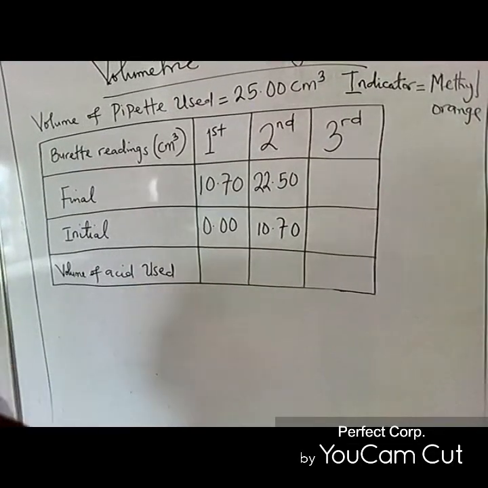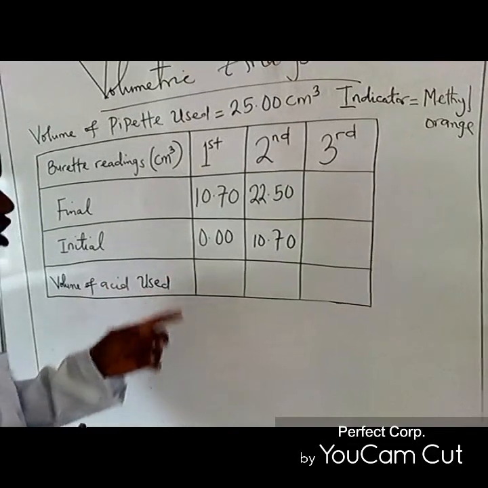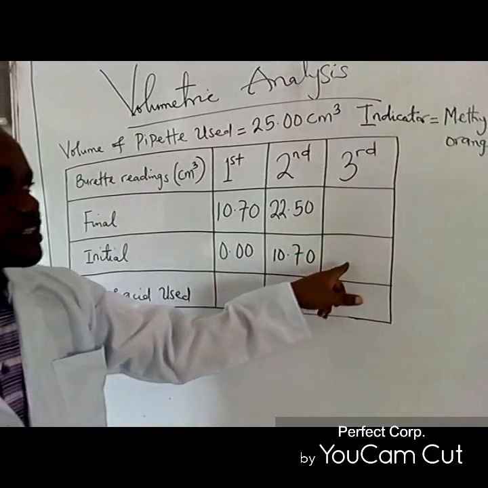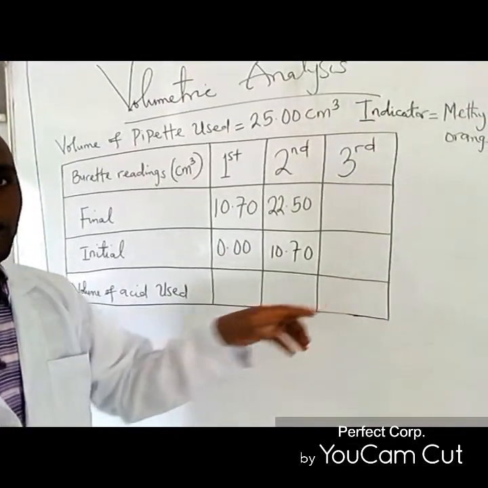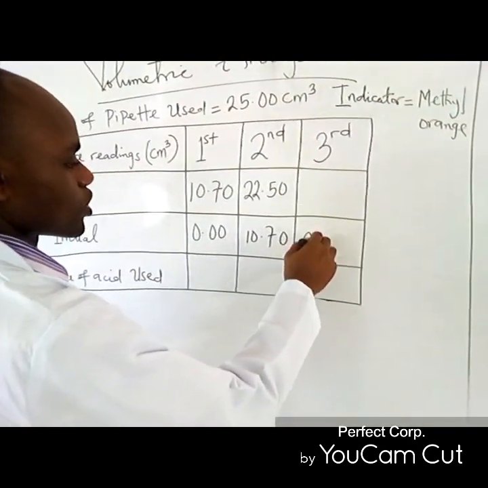we are going to refill the burette with acid solution, going back to 0.00 for the third initial reading. So that's what we are going to do for this. So our third initial reading will be 0.00.